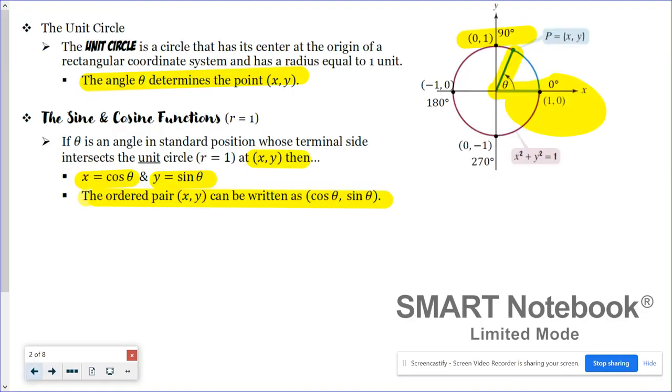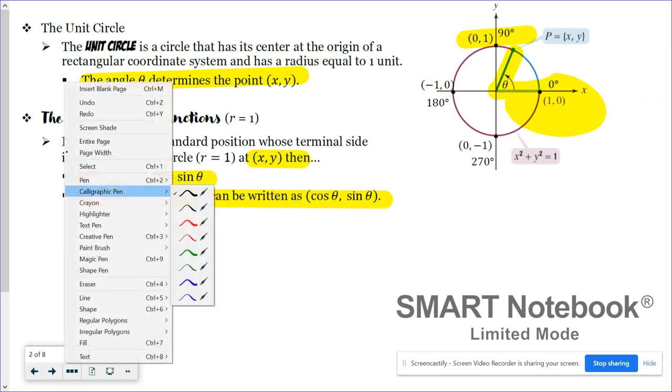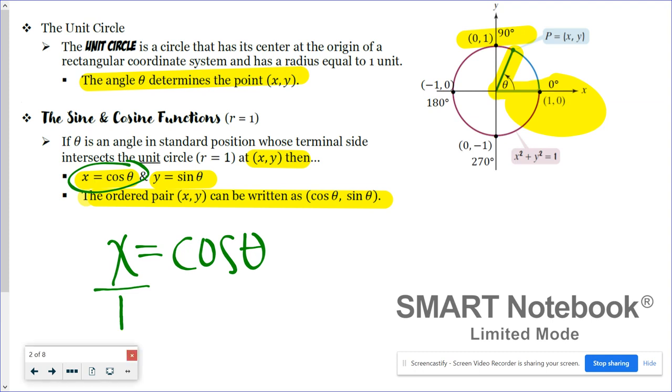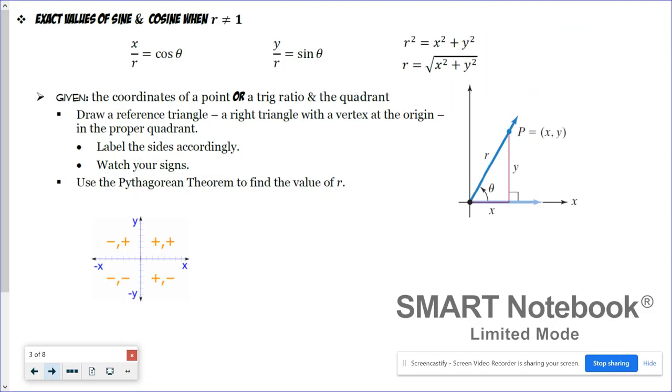If you think about it, x equals cosine theta is true when the radius is 1. Basically, I'm dividing x by the radius. The radius is just 1, so of course x is equal to cosine theta. Well, if the radius is something else, I'm going to have to divide x by that radius. So x over r is equal to cosine theta, and y over r is equal to sine theta.